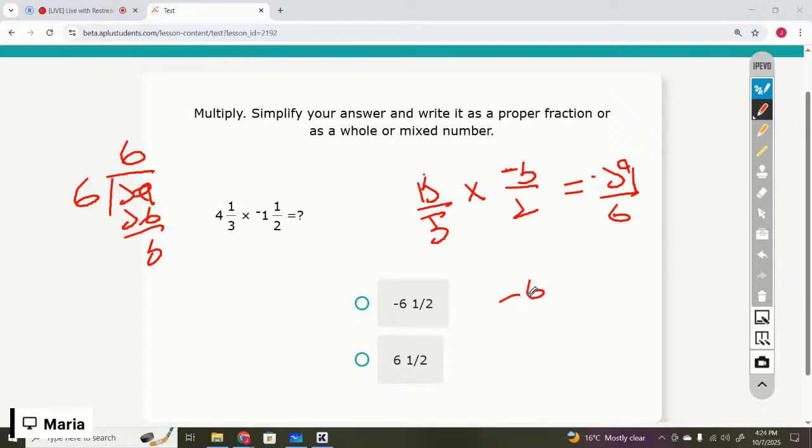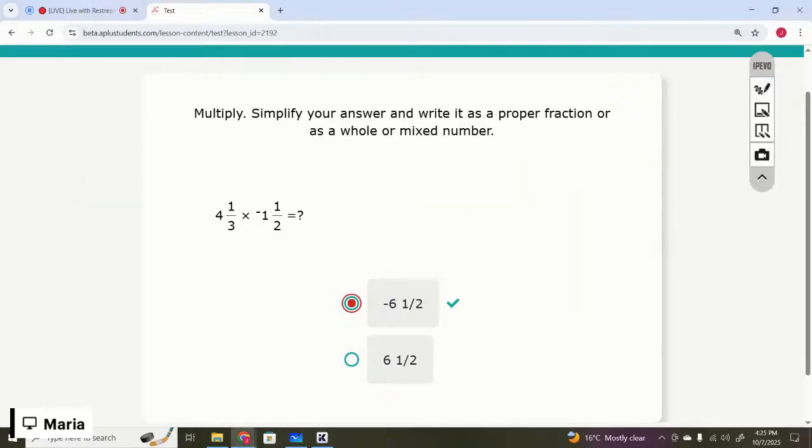That is negative 6 whole 1 over 2. Option number 1 is the correct option.